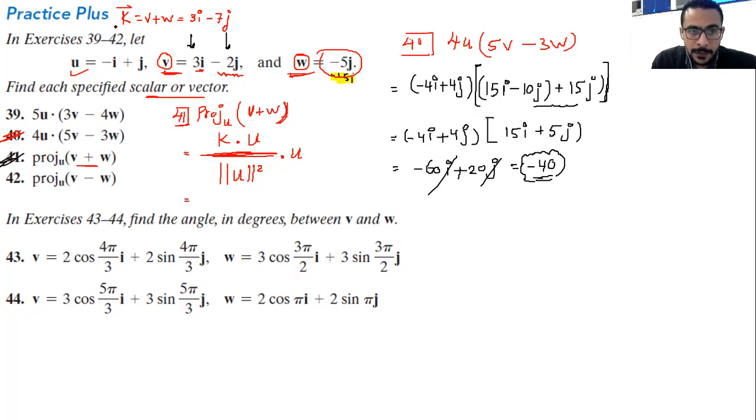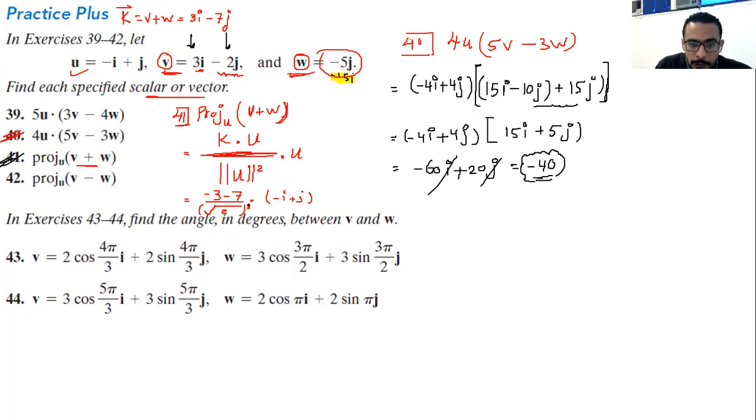Multiply this new vector 3i minus 7j by u, which is negative i plus j: minus 3 plus minus 7 gives minus 10. Over radical of minus 1 squared plus 1 squared, radical 2. Negative 1 squared is 1 plus 1 squared is 1, so in all 2.